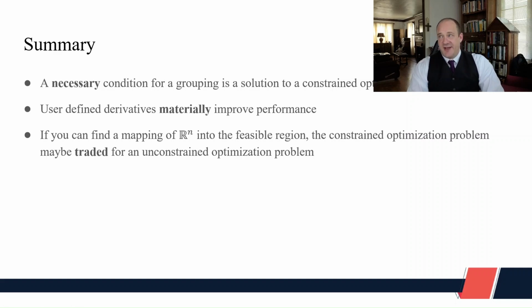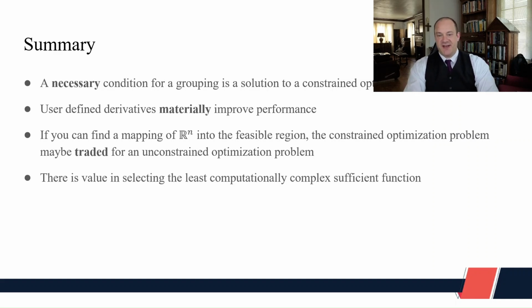Moreover, sometimes, if you're lucky, you can find a mapping of all of Rn into the feasible region, and that allows you to trade your constrained optimization problem for an unconstrained optimization problem. Moreover, if you're willing to consider different ways to accomplish the same thing, there is value in selecting the least computationally complex function that does that.